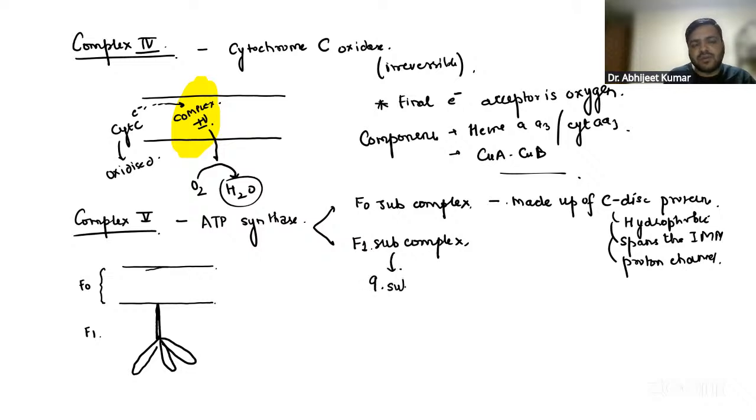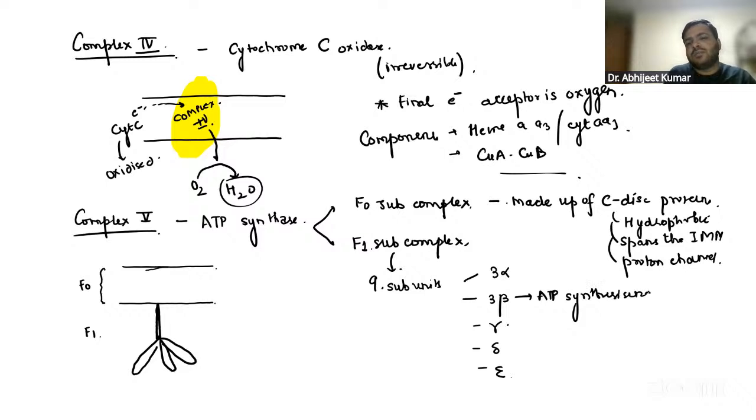It is nine subunits: 3 alpha, 3 beta, gamma, delta, and epsilon. Now these 3 beta are the ATP synthesizing subunits. Gamma is the bent axial.